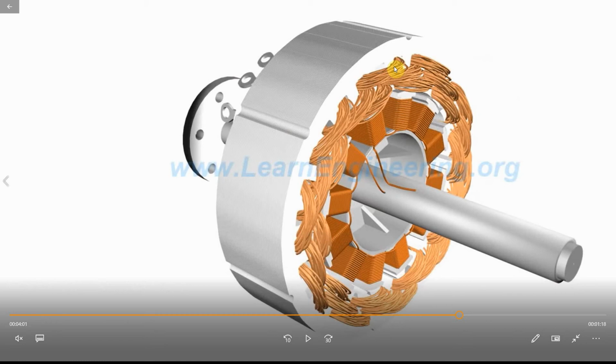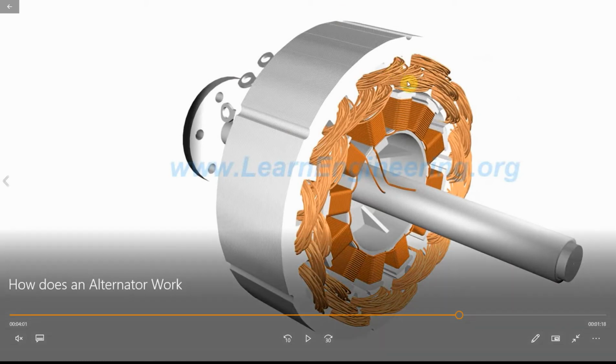Virtually means that after the EMF is induced in the coil, a current flows, and after that the pole is created. But here in the rotor we make it an electromagnet by supplying a DC source, so it acts as a magnet.